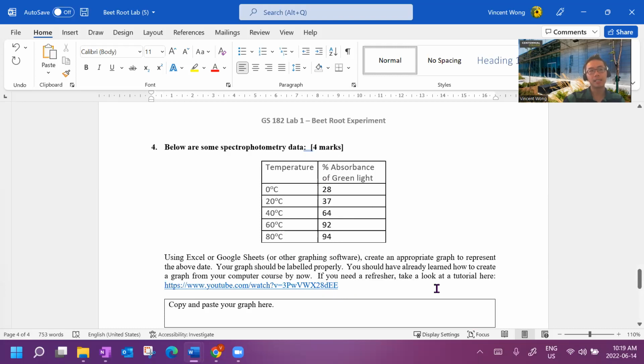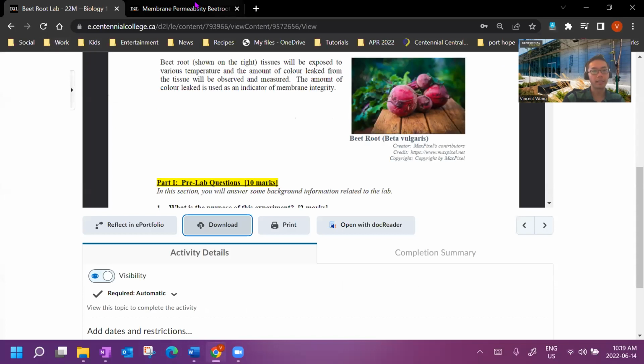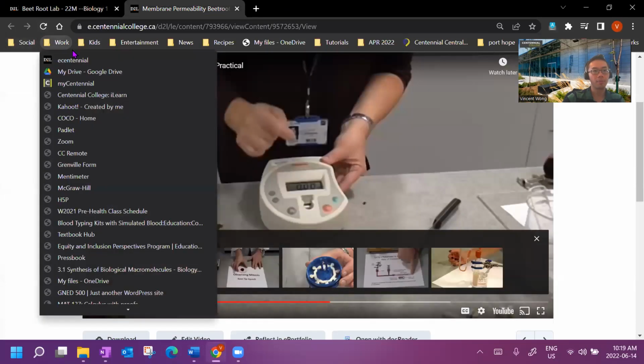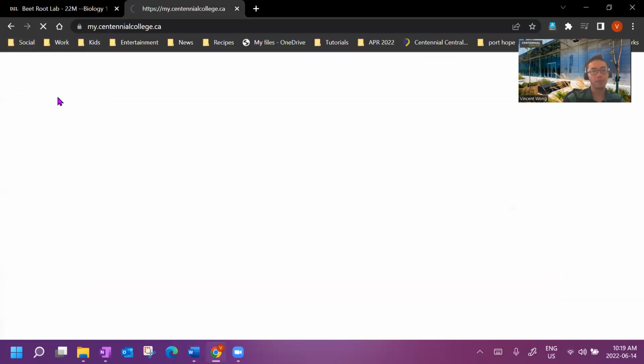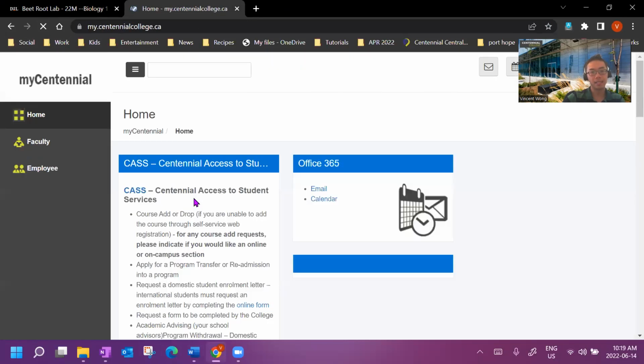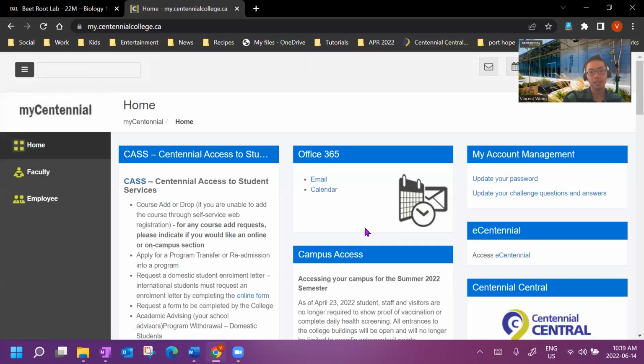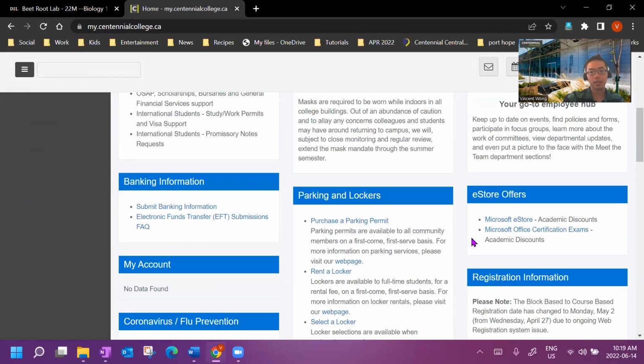And actually, as Centennial students, I think you are entitled to a free copy of Microsoft Office. So you can log on to your My Centennial account and access it. Let me just show you where to get that, because I think some of you might be interested in doing that. If you go to your My Centennial, not your eCentennial, your My Centennial, there is the Microsoft eStore.